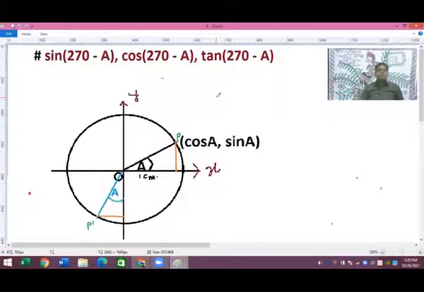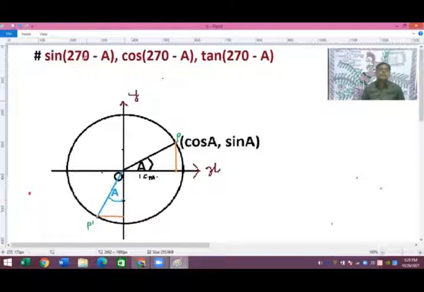So here now we are talking of sine 270 degrees minus A, and the same for cos and tan as well. So 270 degrees means up to here this is 90 degrees, and up to here it is 180 degrees, and if you add 90 more to 180 degrees, that means we have completed the third quadrant.